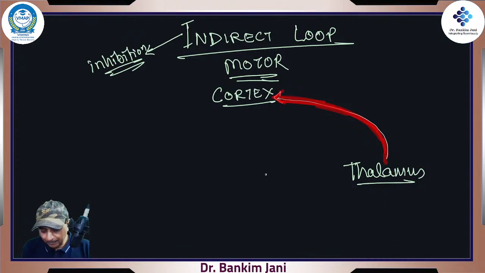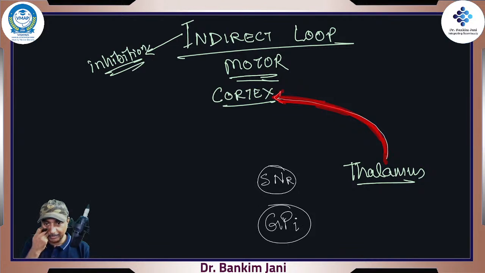Thalamus will listen to substantia nigra reticulosa, and our GPI, I for inhibitory, but over here I is for internal. They both will do dadagiri on thalamus, so they should be telling that you stop working.